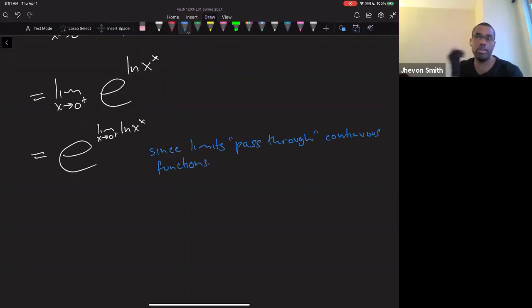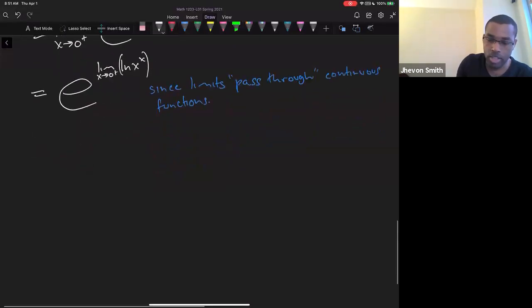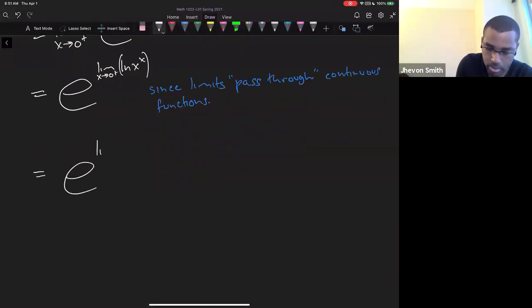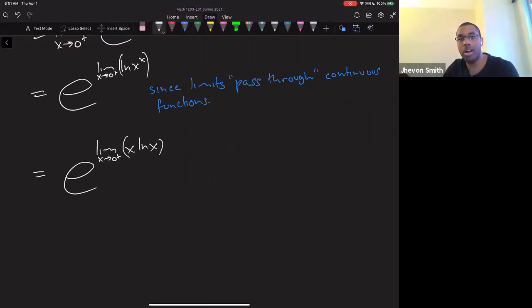They can move in and out of polynomials. So once that thing is continuous, you can actually shift the limit through to the power. Now, I'm not always going to take the effort to write down that step, but you should understand that that's what's going on. And so now, in the power, I can rewrite. The x would come down, because that's what the log allows me to do.